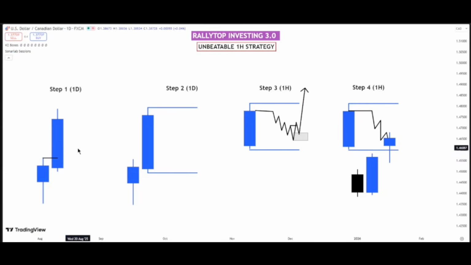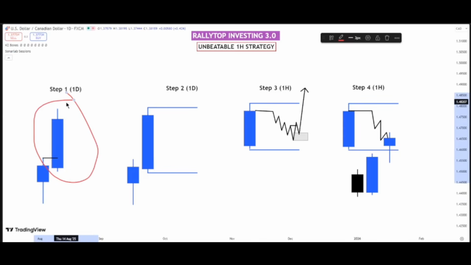This is showing to you clearly that the following day price is likely to continue in the bullish direction. So that's why the daily candle is so important for you to understand. This step 1, that's all you need it for.